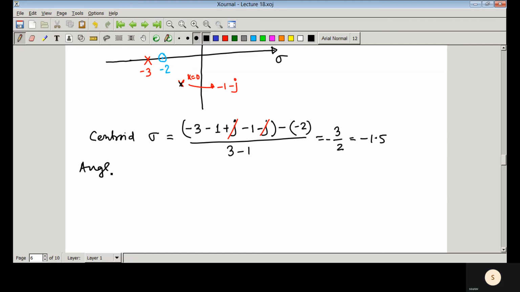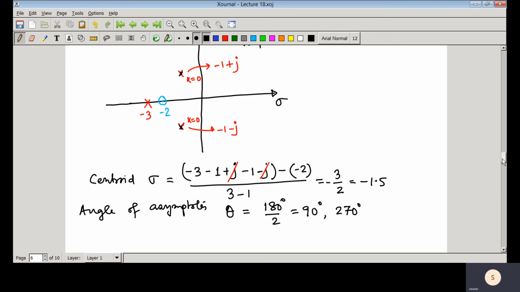And the angle of asymptotes, theta, equals 180 degree divided by 2, that is 90 degree, when k equals 0, and when k equals 1, that would be 270 degree or minus 90 degree.